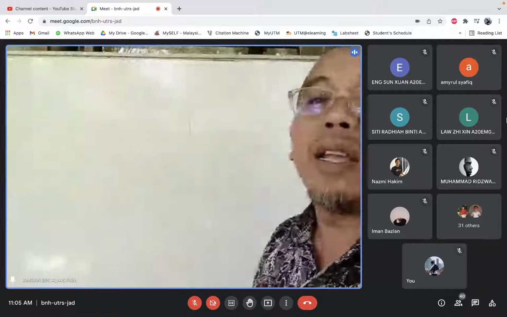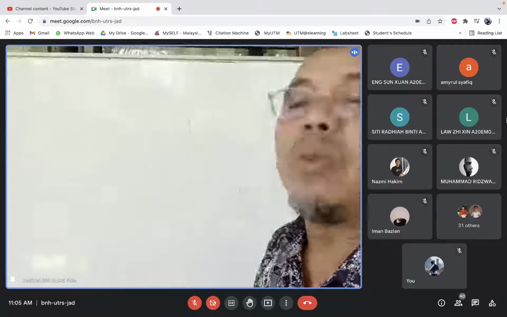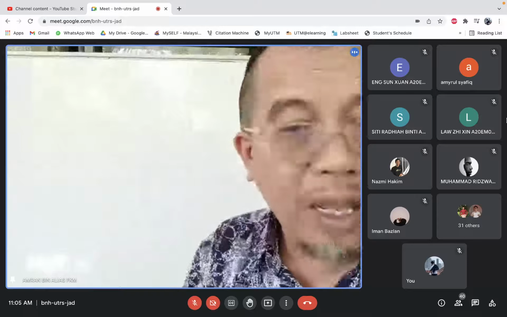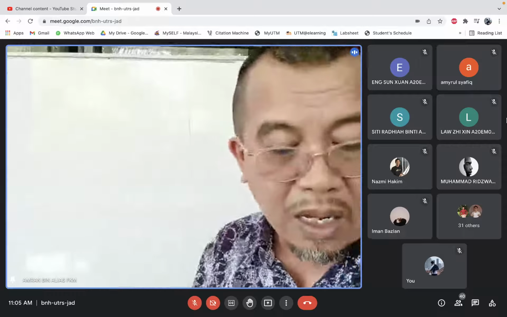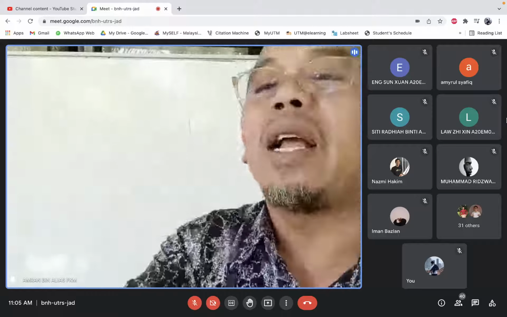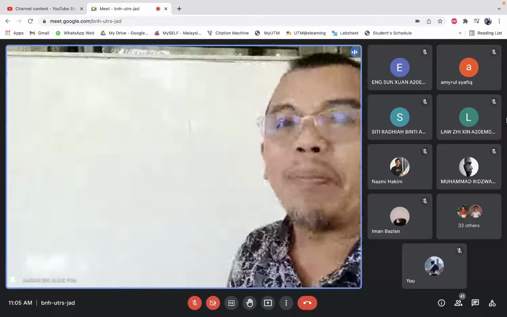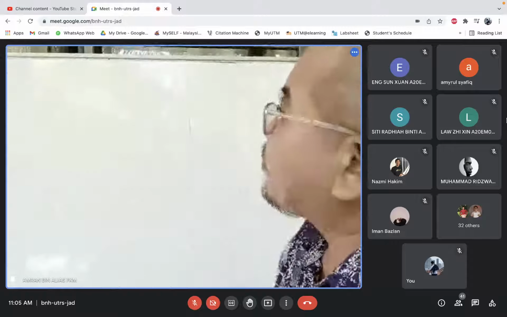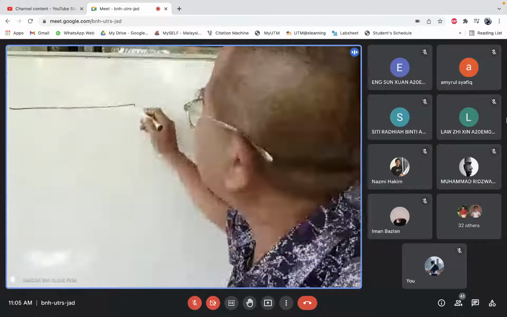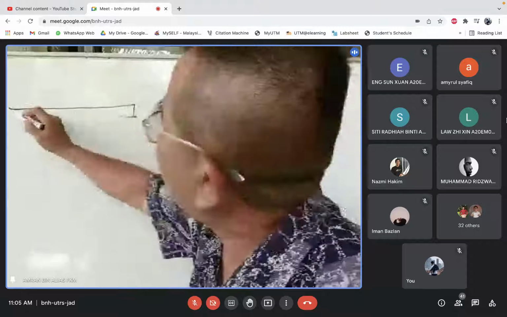Okay, yesterday we have looked into the diagram of the plastic bending. How do we calculate the length of plastic? So these are the example yesterday. That's why we have to draw.